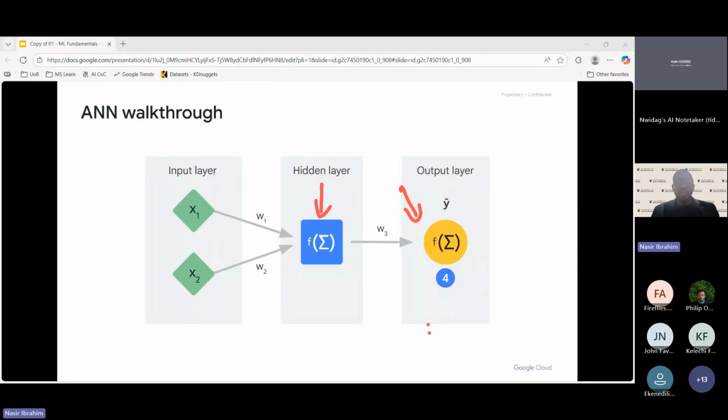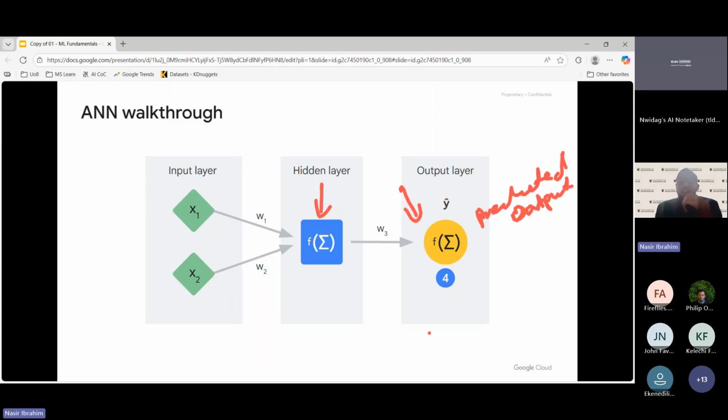The activation function can be different: you can apply a different activation function on the hidden layer, and you can apply a different one on the output layer, depending on what you want. And when you apply the activation function on the output layer, you're going to get a value. And this value is going to be what is called your predicted output.